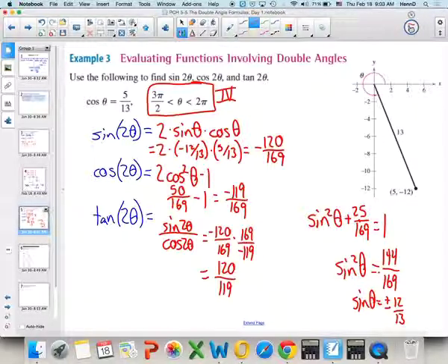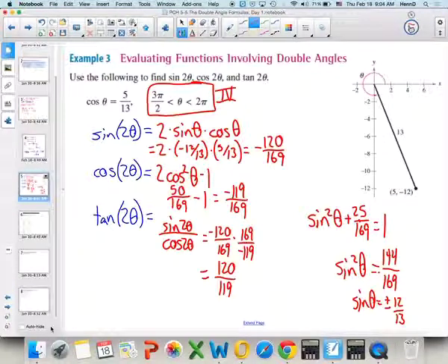It's just over 1, which, since tangent of 225 is 1, makes sense. Okay? So these are a couple of different things that you could do with these double angle formulas. All right. So pretty cool stuff that we're able to do here. Okay. All right.